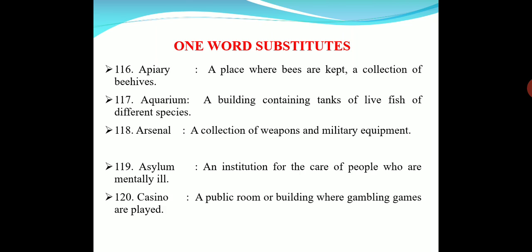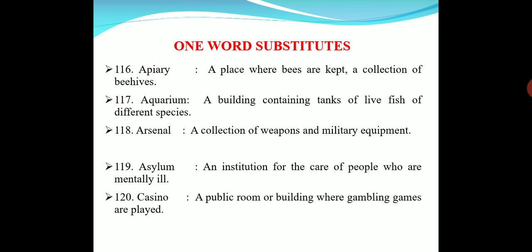Apiary means a place where bees are kept. A collection of beehives is called an apiary. Aquarium. Aquarium is a building containing tanks of live fish of different species. Even we have small aquariums. Even at homes people keep colorful fish in it.